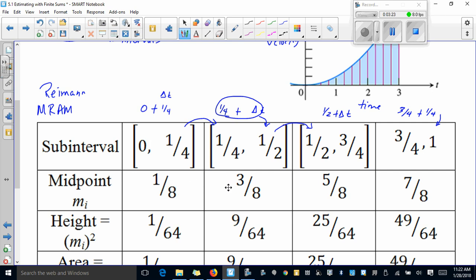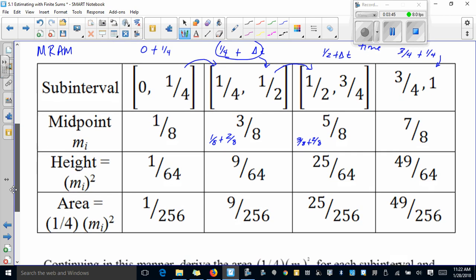Now keep in mind we're doing rectangles, and the area of a rectangle is length times width, or base times height. In this case, we're going to do base times height. The base is going to be your t values, and the height is going to be whatever your function is. So there's our height, and it's just whatever the midpoint is squared, because t squared is our formula.